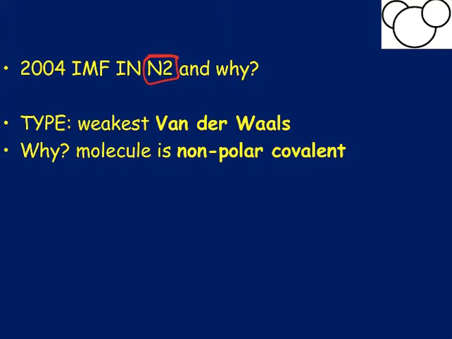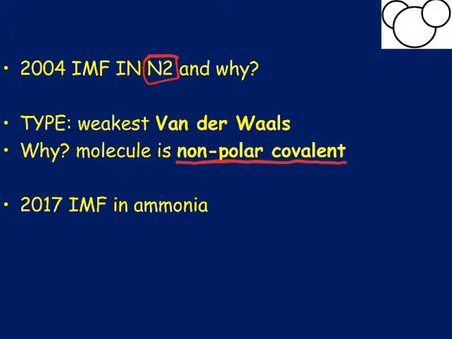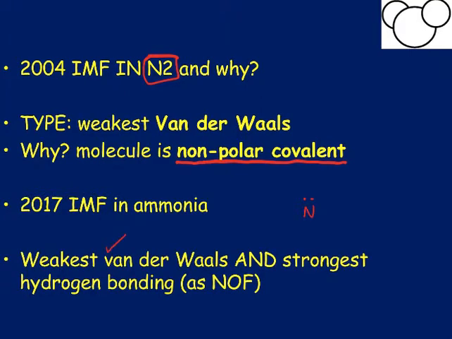You'll see today that we'll be looking at things that have intermolecular forces other than van der Waals will be polar. And then in 2017 it asked you for the intermolecular forces in ammonia, and you should be able to have gotten one of them, which is the weakest van der Waals.